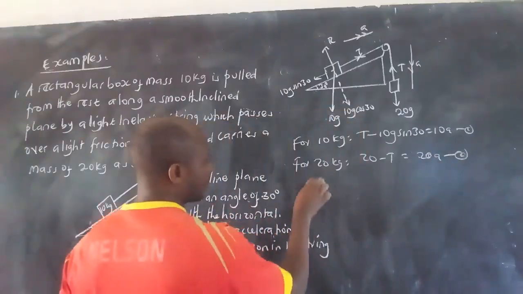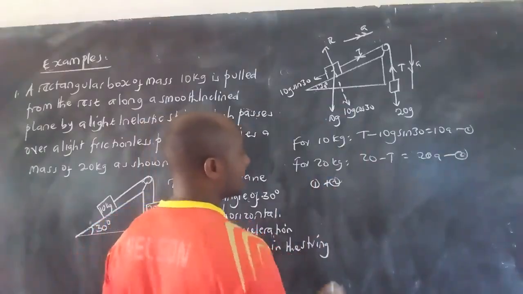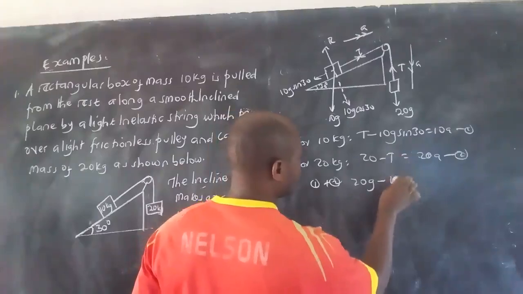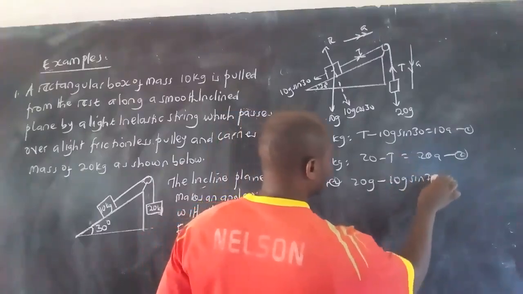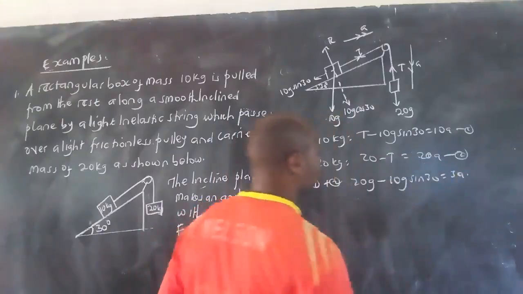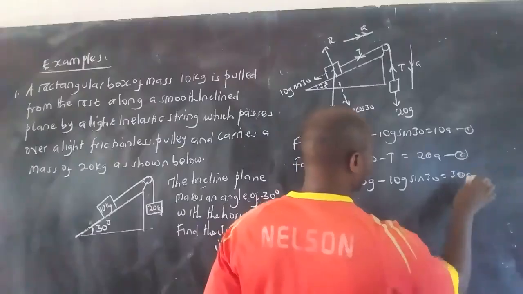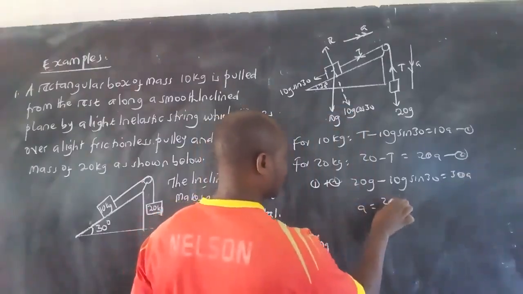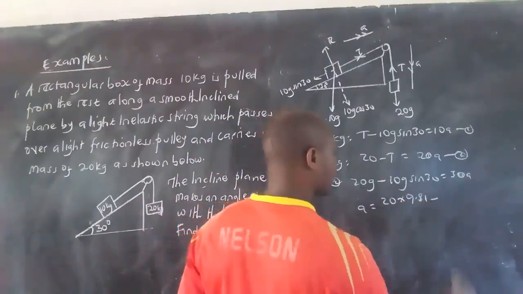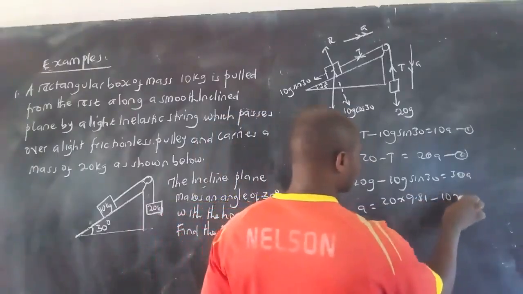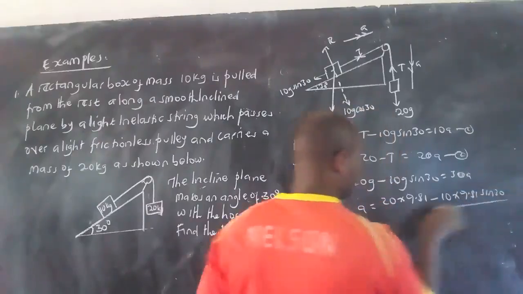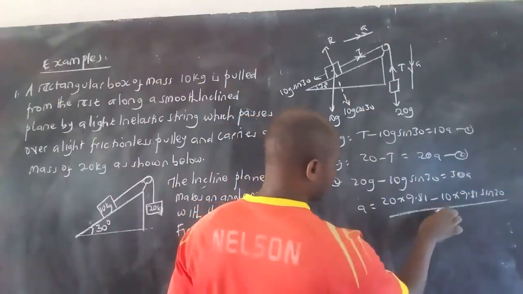So 1 plus 2, you realize that this is 20 G minus 10 G sine 30, giving us 30A. So our A will become 20 times 9.81 minus 10 times 9.81 sine of 30, divided by 30.